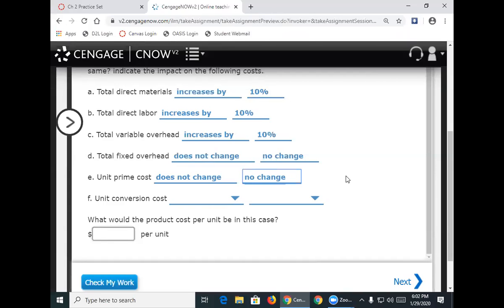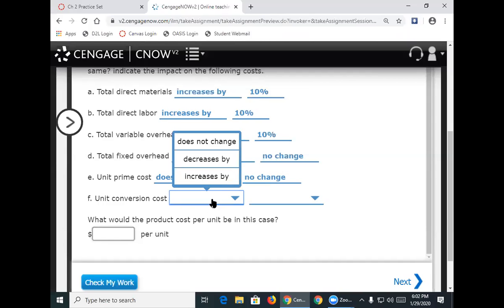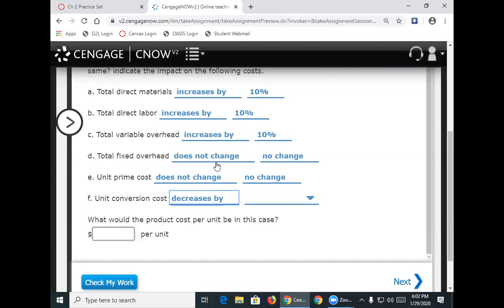So with unit conversion costs, because there's a fixed cost component in there, we're now taking that total fixed overhead and dividing it by 55,000 instead of 50,000. So the fixed cost per unit is going down. So it's causing our whole conversion cost to go down. But by how much? Less than 10%.